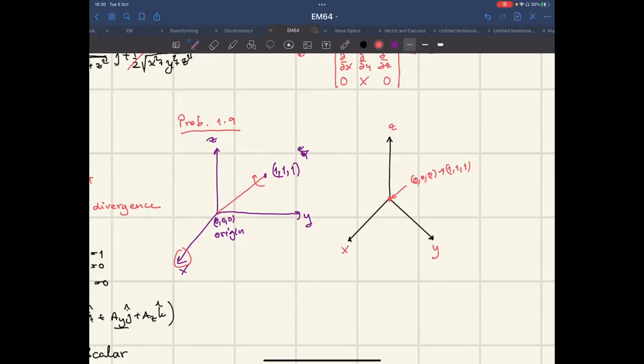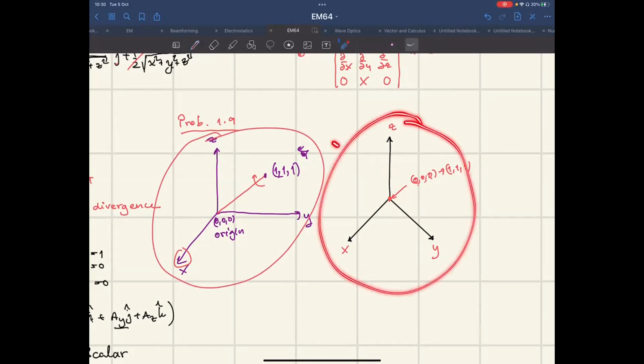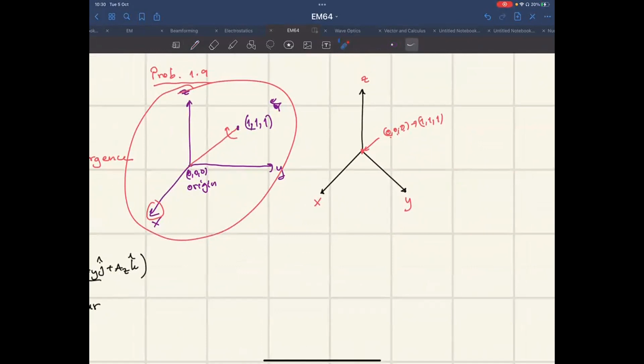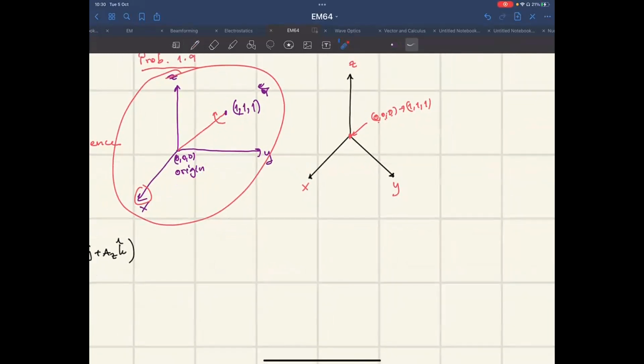This one is what we normally draw, and this picture here is what this eye sees. Any questions? Everyone seems to understand, right?